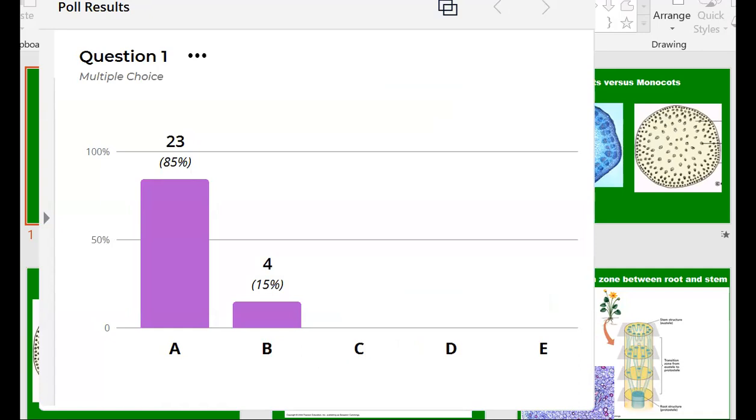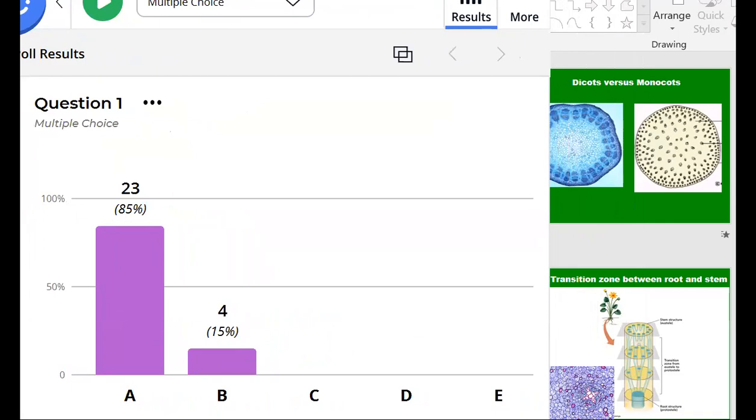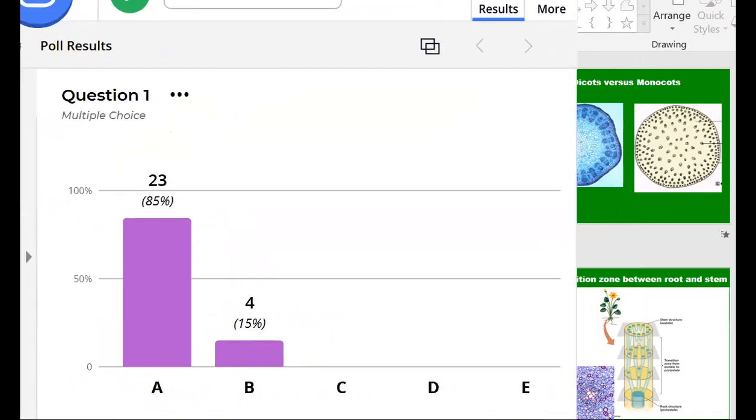So I asked which is the root, and 85% of you said A. That is correct. Why is A root tissue? Yep.